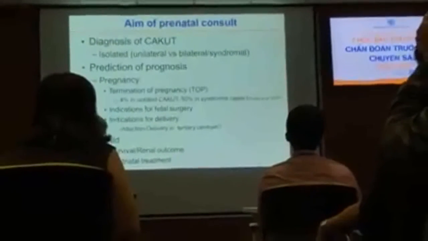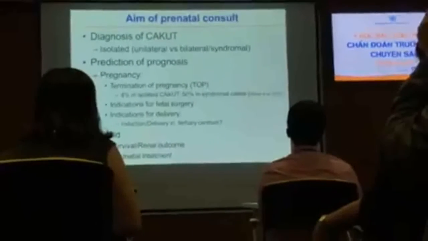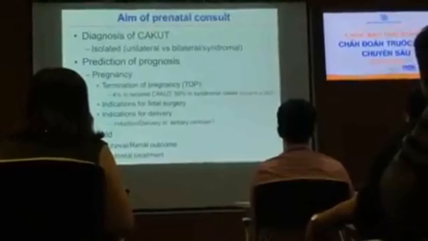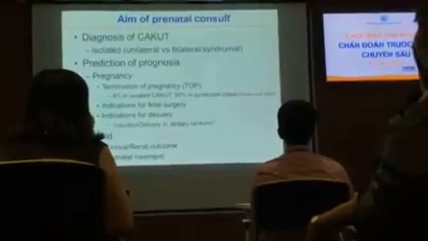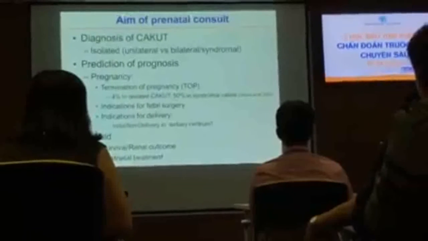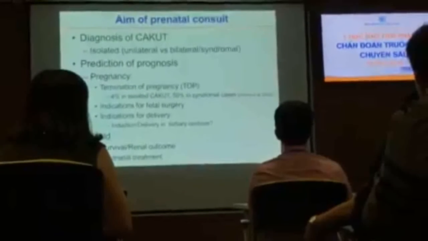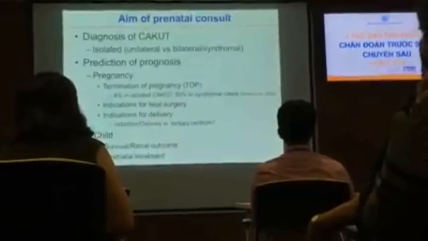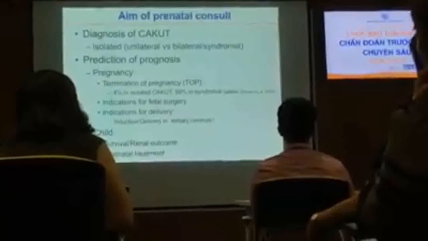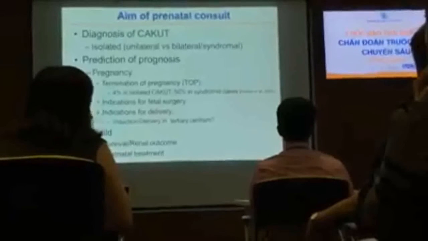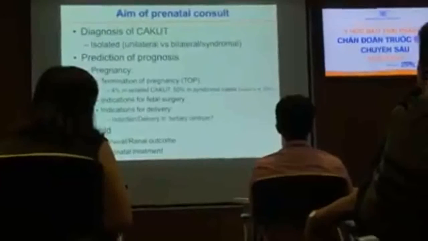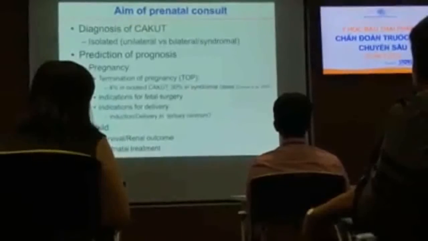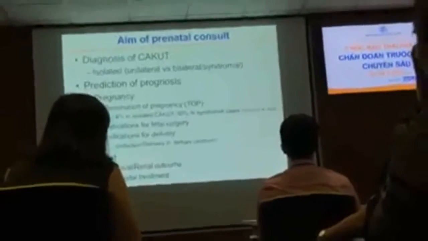Termination of pregnancy is 4% in isolated cases, but it can be up to 50% in syndromic cases, including genetic and chromosomal conditions. The indication for fetal surgery is only in lower urinary tract obstruction, bladder outlet obstruction. The indication for delivery is better delivery in a tertiary center, like I said. So child survival and renal outcome need follow-up and postnatal treatment.